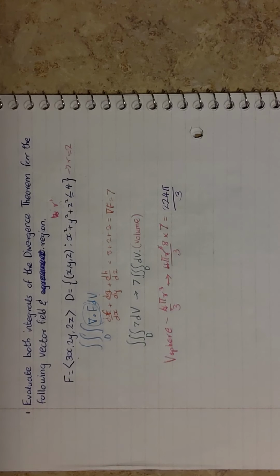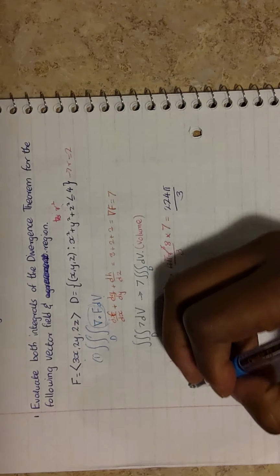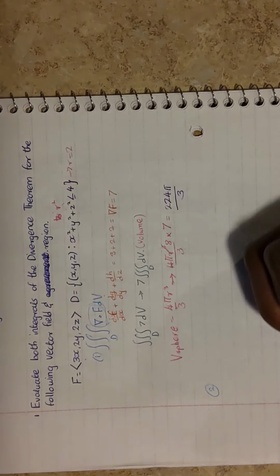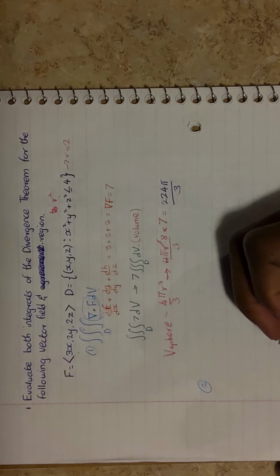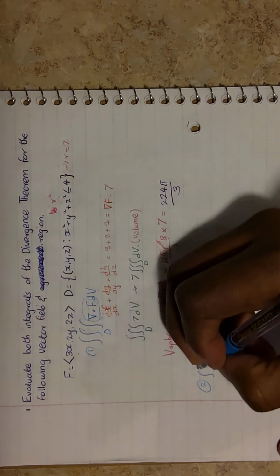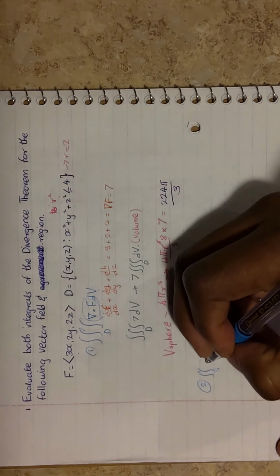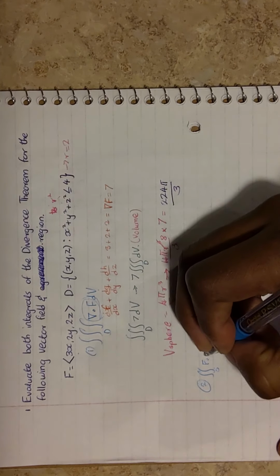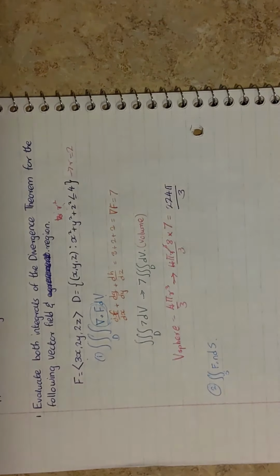The second integral of the divergence theorem is given by, let me get my pen. So this is integral 1, and the second integral is going to be given by the surface integral of F dot n dS.